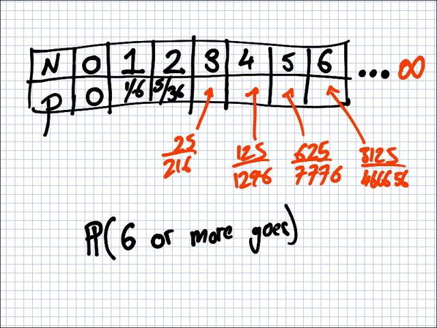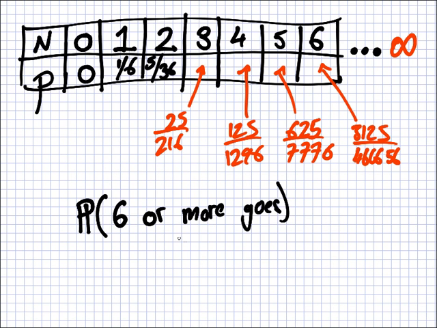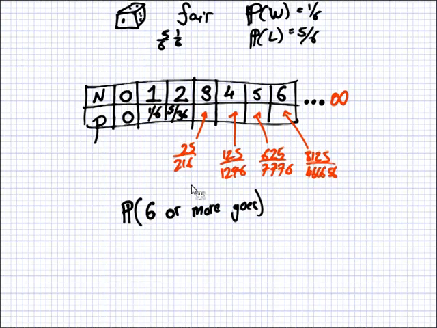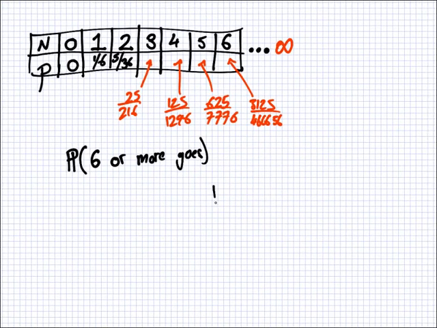I want you to try and calculate, and I want to see which way people think about calculating this. So 6 or more goes. I'll leave a space here. There's 2 ways to do it.